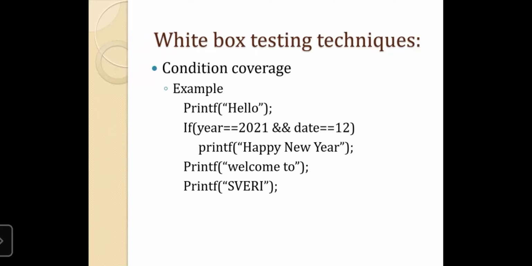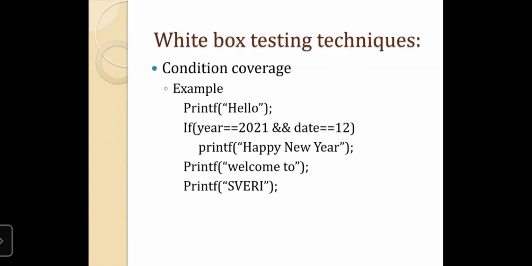As it is already 12th of October, both the cases are true, and the logical AND is used. So if both the conditions are true, you get the result as true. If one condition is true, suppose today's date is 10, the year is satisfied, that is true, and date is 10, so it is false.